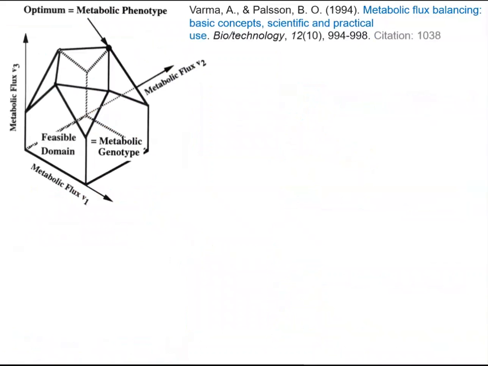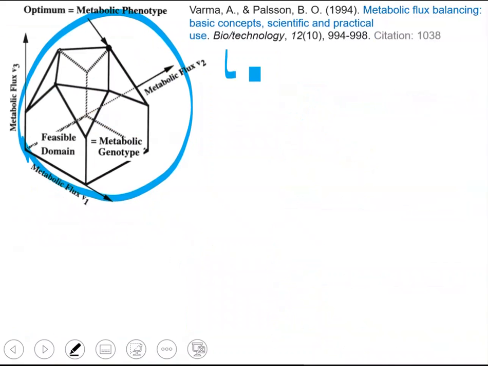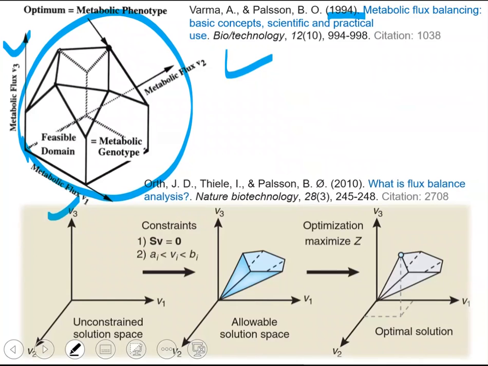So our constraints define a solution space. Here you see it's in three-dimensional space, from one of the key papers on flux balance analysis published in 1994. So our optimum point will be one lying on the corners of this solution space, because we want to maximize the value of an objective function.